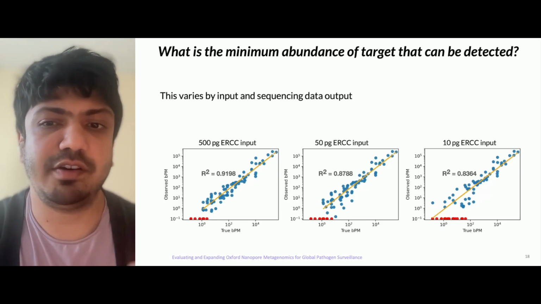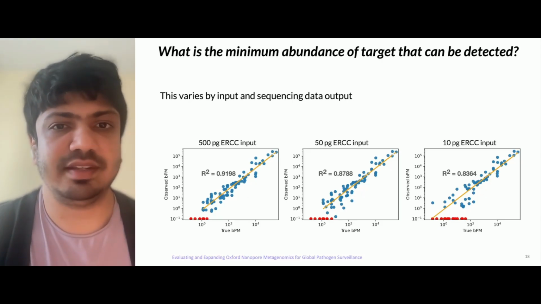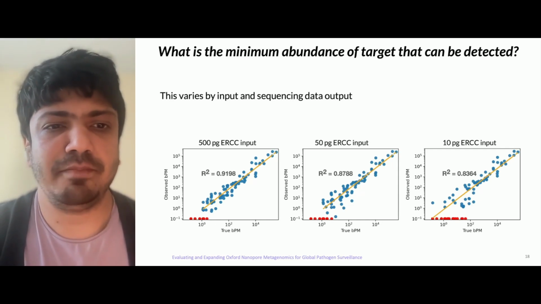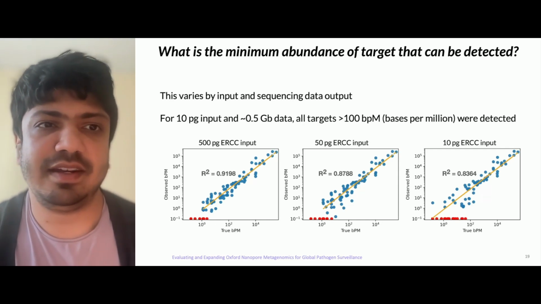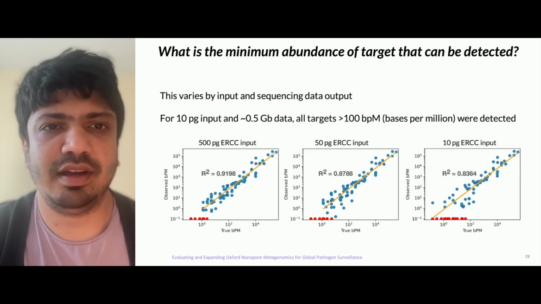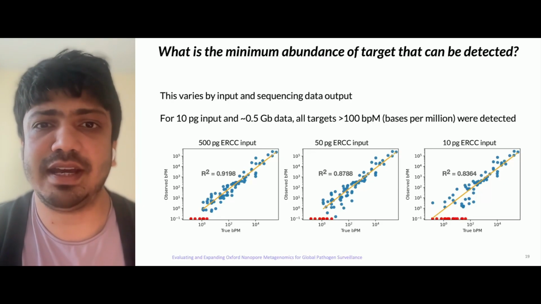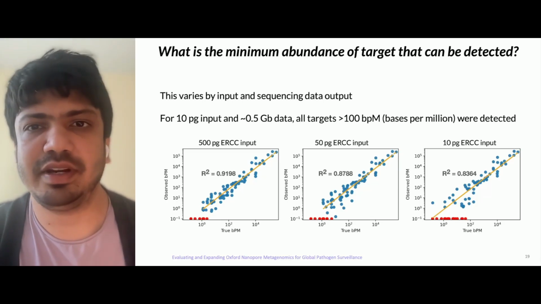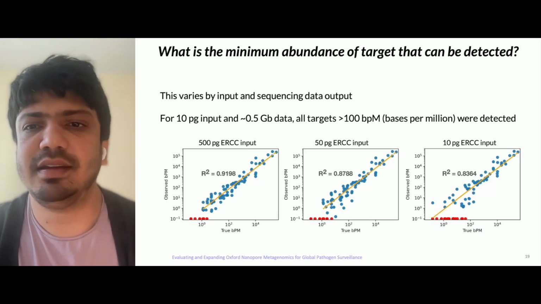So they're dropping off, and the point at which the drop-off happens depends on the starting input amount. But as you can see, even at the 10 picogram input amount, for about half a million reads of data, all targets that were greater than 100 bases per million in abundance were detected.